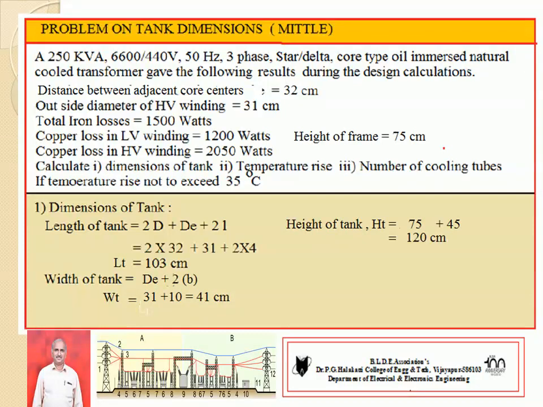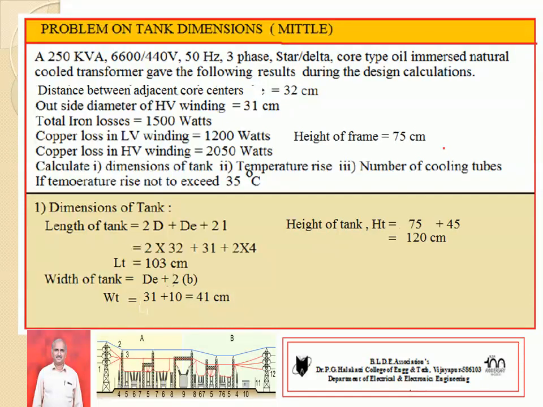You select the L value from the table. See the kVA rating and kV rating of the transformer and select the particular values L, B, H. Now L is 40 mm, that is 4 centimeter. So LT becomes 103 centimeter.